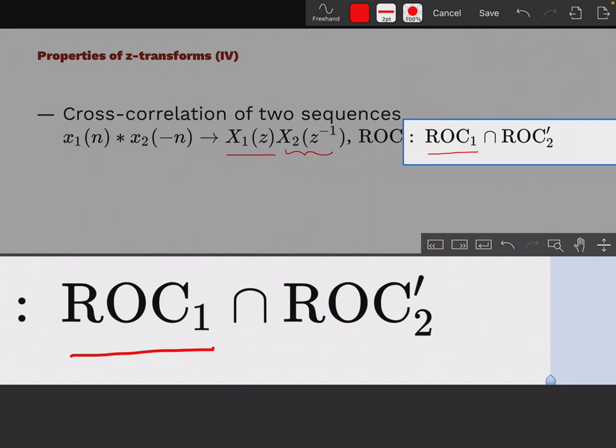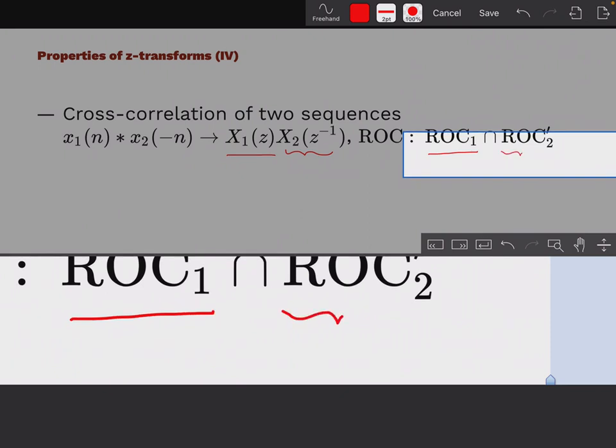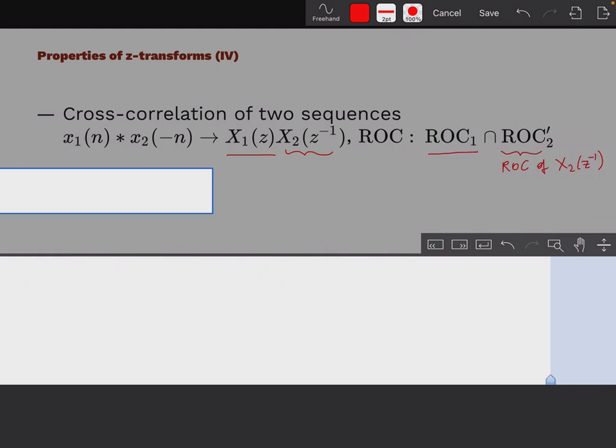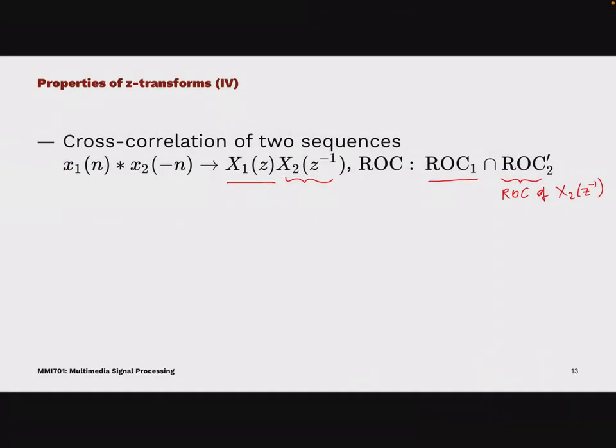So ROC2 prime is the region of convergence of X2 of z to the power minus 1. So that is the reciprocal of the region of convergence for X2 of z. Okay, so these are some properties.